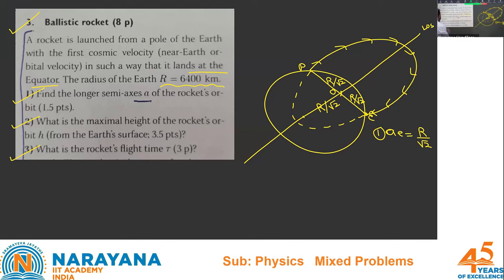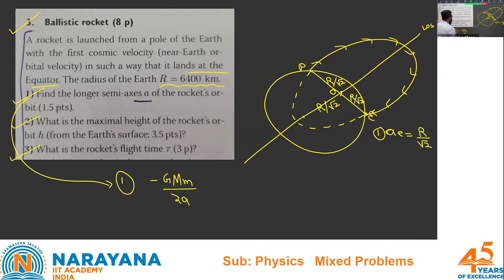And to begin with, his interest was to find out the value of A. So what is the first equation we are willing to write here? As far as the total energy of this satellite is concerned, net energy in its orbit should be equal to minus G capital M small m upon twice of A. Right?